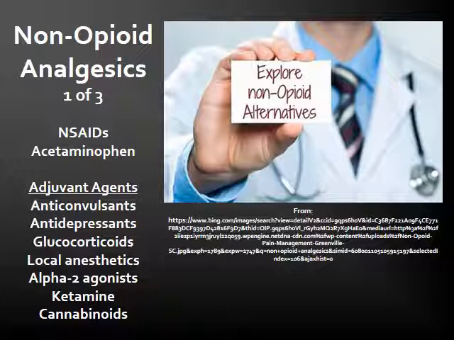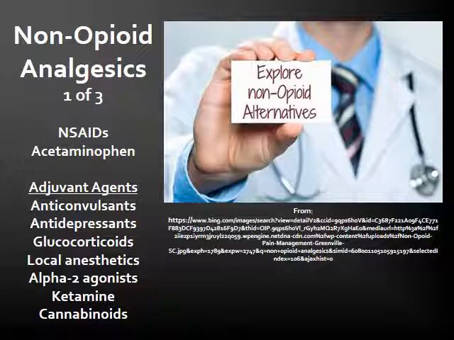Now, specifically, the adjuvant or co-analgesic agents are agents that were originally developed for indications other than pain. But in certain painful conditions, they can provide some analgesic efficacy. Currently, that term generally also includes both the nonsteroidal anti-inflammatory agents and acetaminophen.